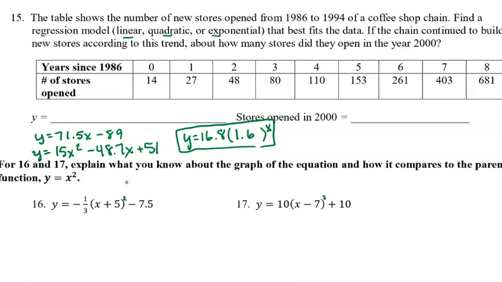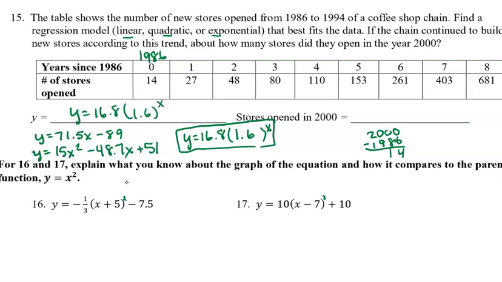So if I want to find the number of stores open in 2000, if this is 1986, the year 2000 would have been 2000 minus 1986, which is 14 years after 1986. So my equation here is y equals 16.8 times 1.6 to the exponent of x.